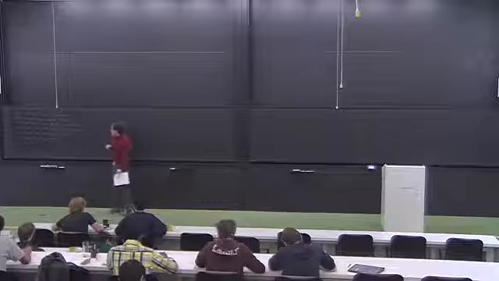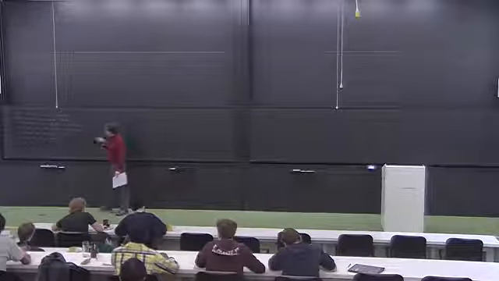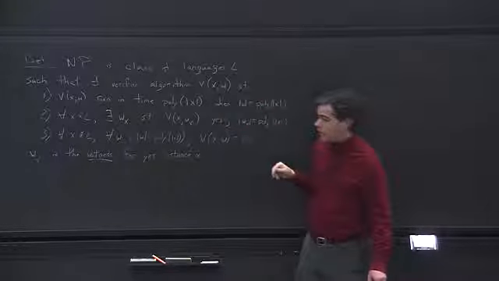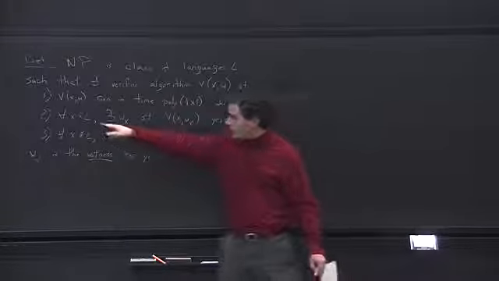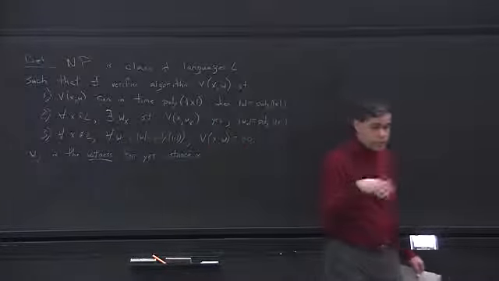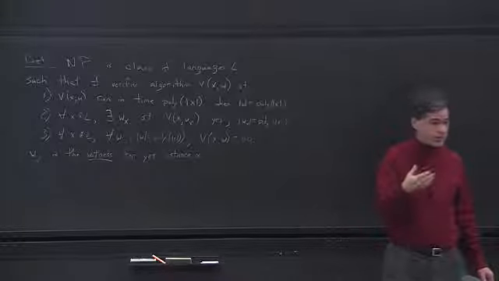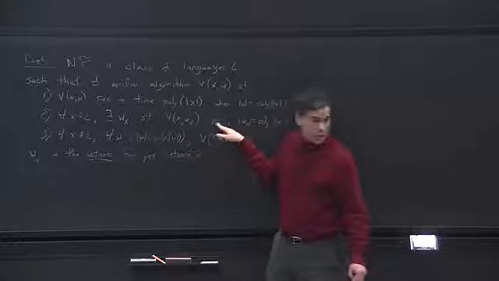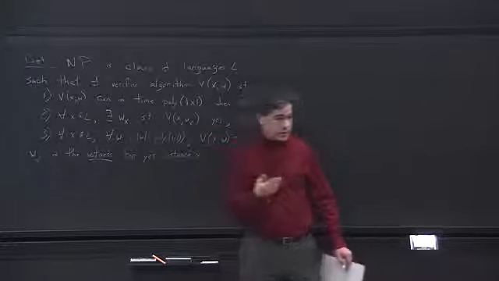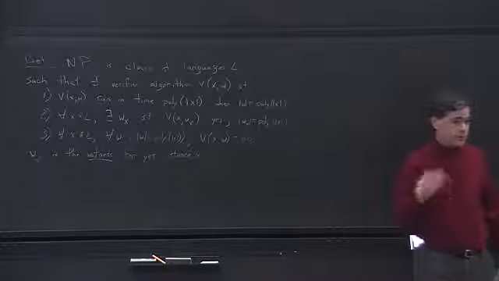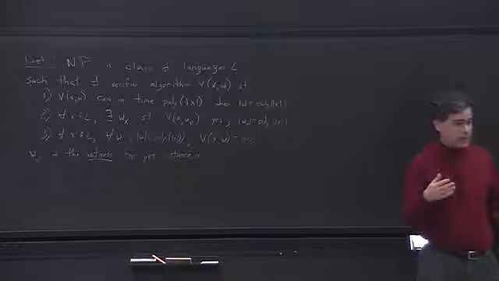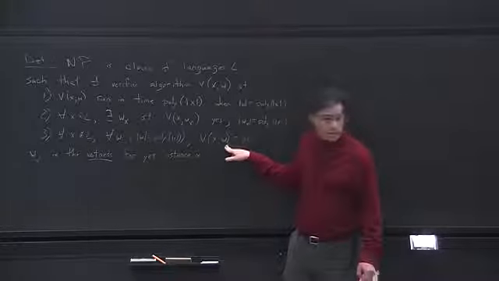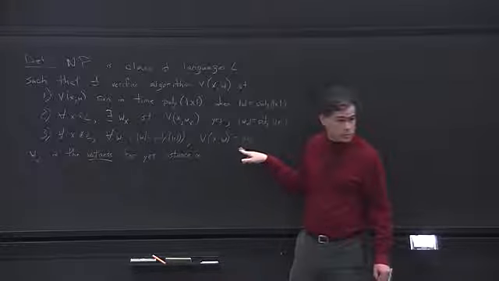So V is the verifier, the checking thing, and if you're given a yes instance, there's supposed to be a witness that proves that this is really the correct answer. That's this witness w_x. Then you run the verifier algorithm, and it's supposed to output yes. On the other hand, if it's a no instance, then there shouldn't be any way to prove that the answer is yes, because it's not. So if you run the verifier with any witness, then you'll output no. OK?